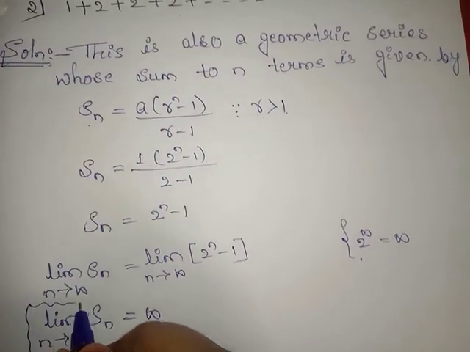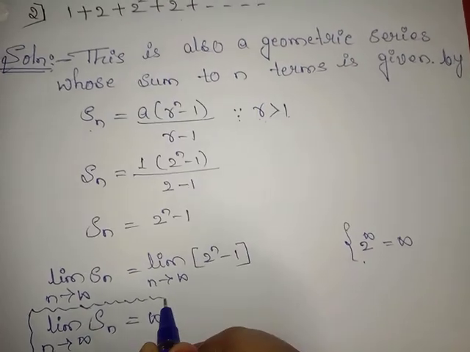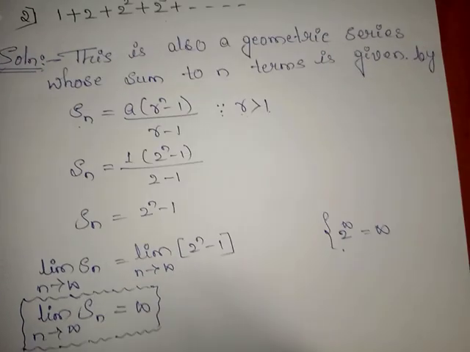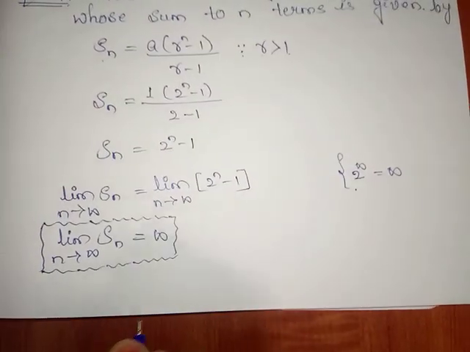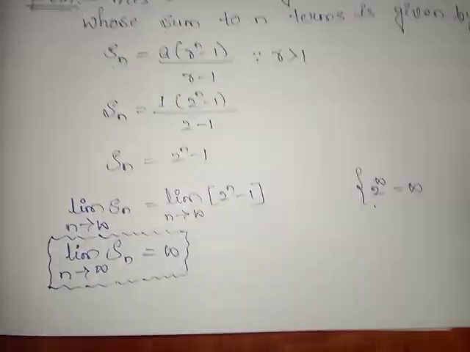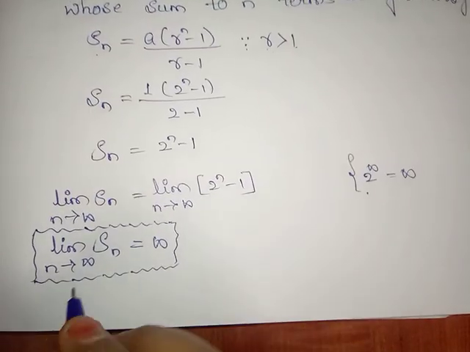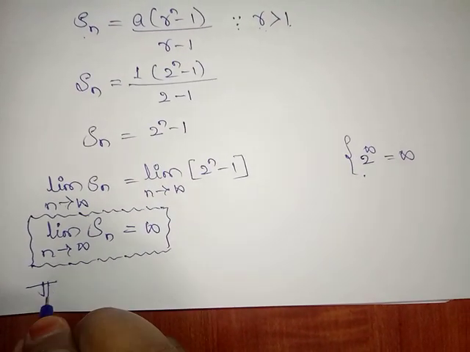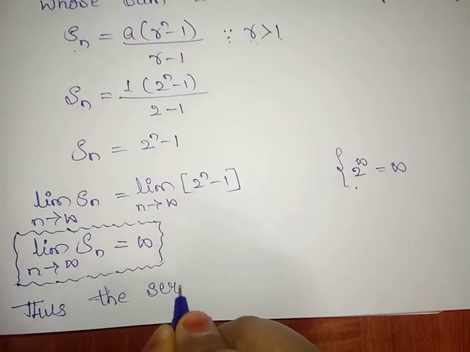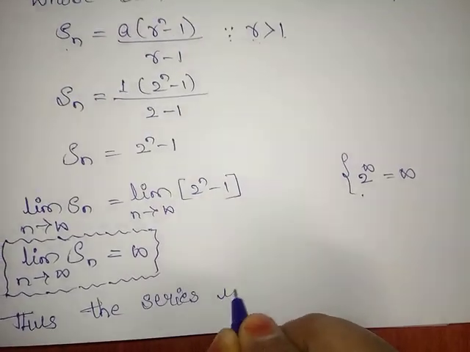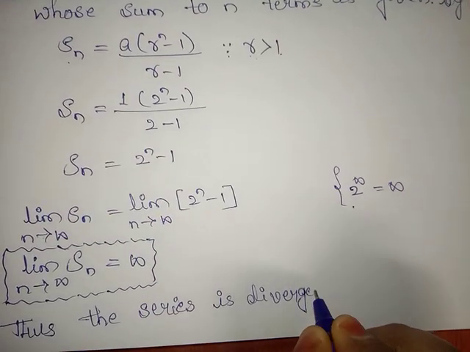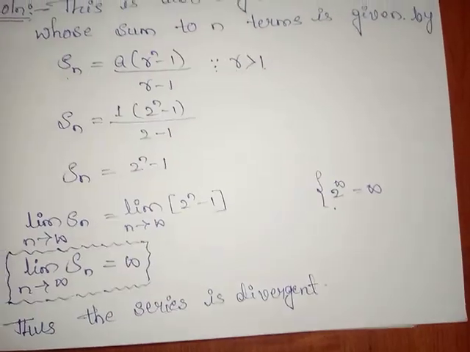Here we get the limit n tends to infinity, Sn value is infinite. On knowing the result, we know that if limit n tends to infinity, Sn tends to plus infinity or minus infinity, the given series is what? Divergent. Write the conclusion. Thus, this series is divergent. The series is divergent.